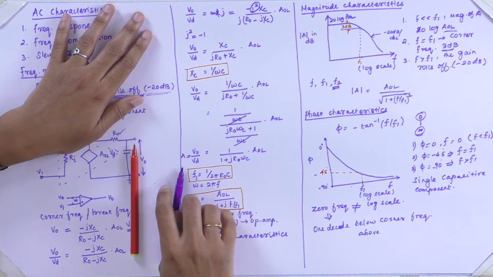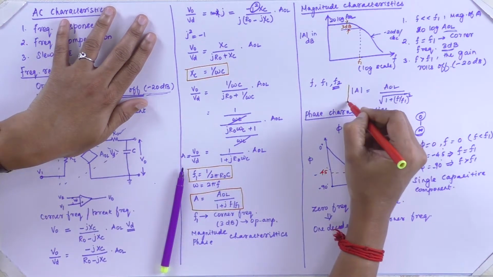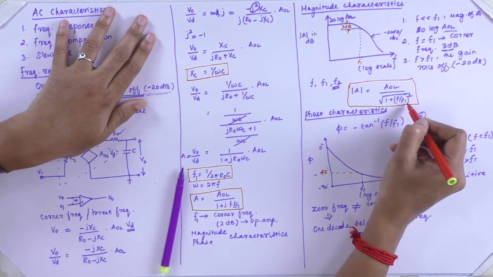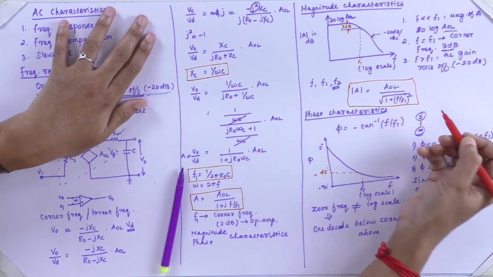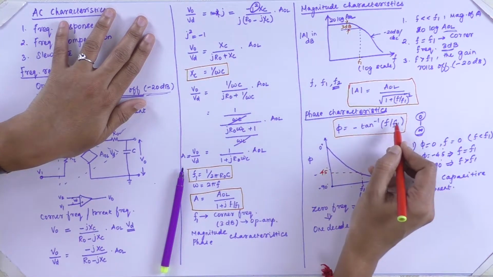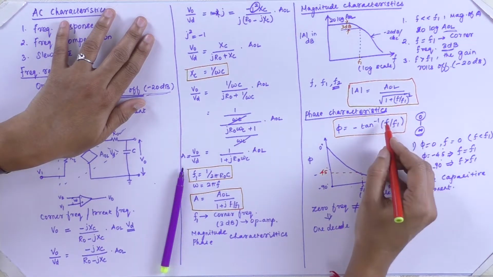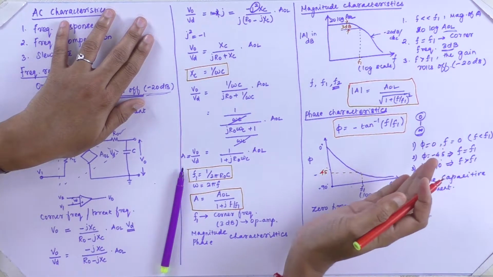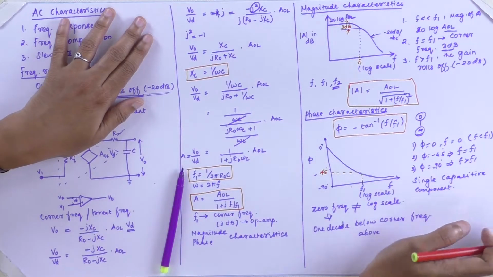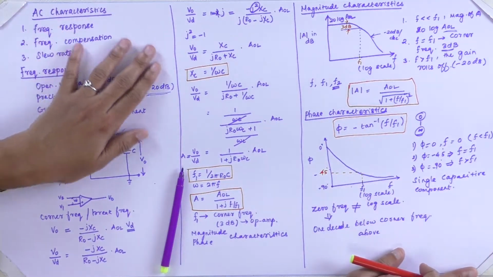So the formulas to be mentioned are A is equal to the open loop gain by 1 plus j f by f1, where f1 is the corner frequency. Here phi is equal to minus tan inverse of f by f1. Using that we are going to substitute the frequency value and obtain the phase value in terms of the characteristic curve.